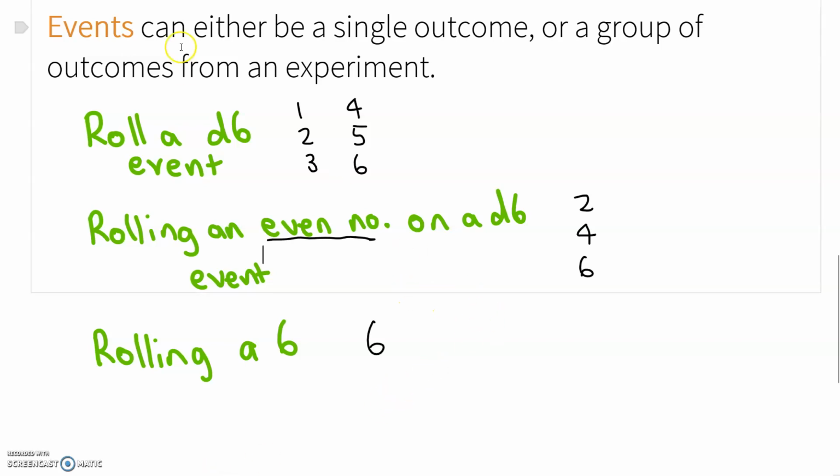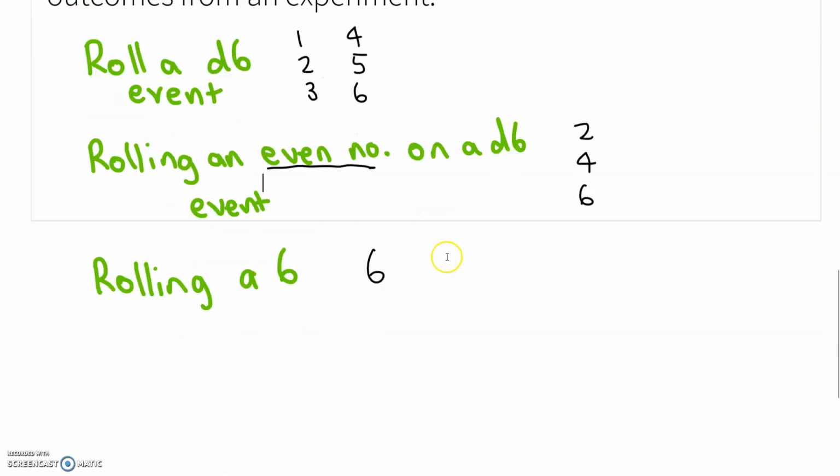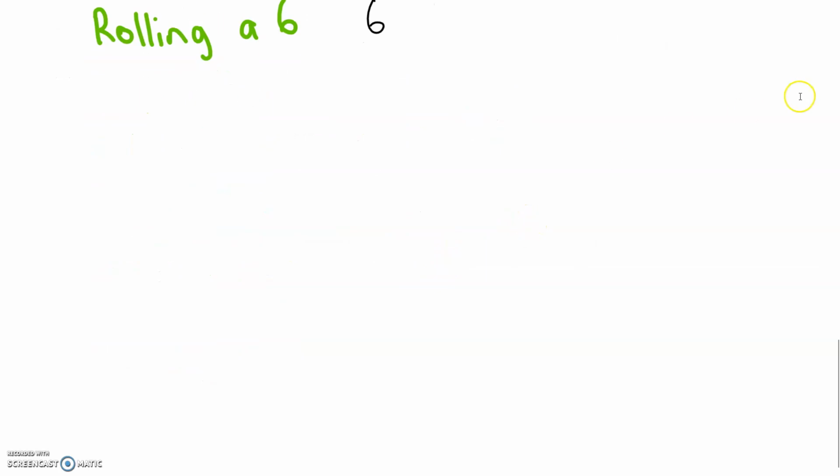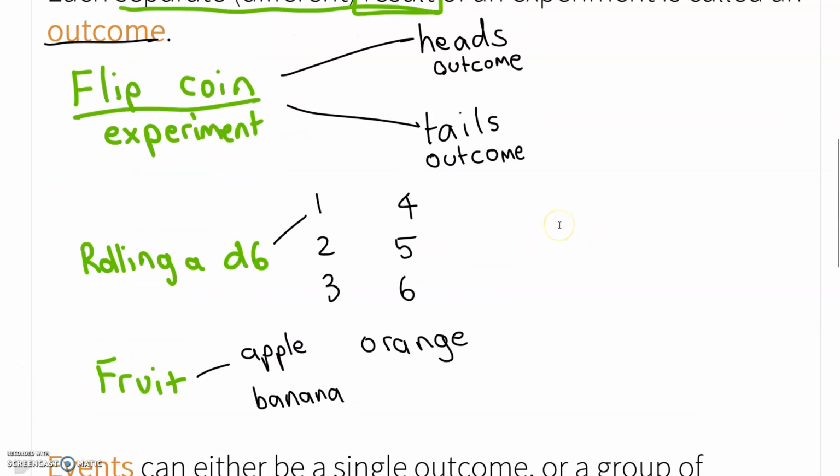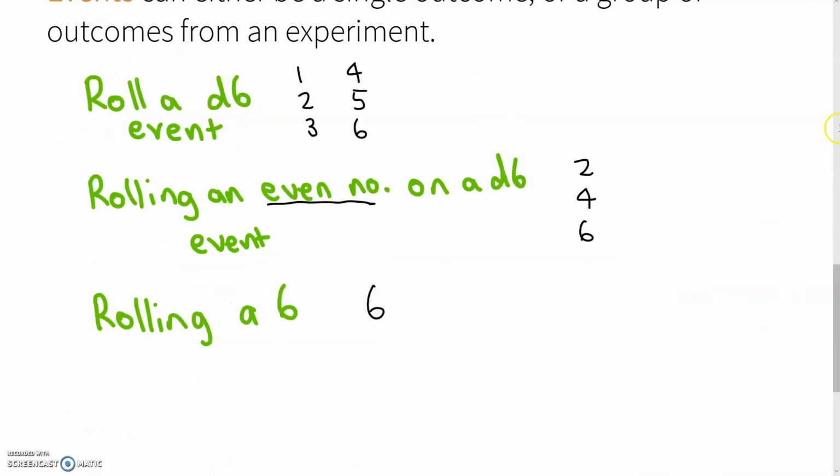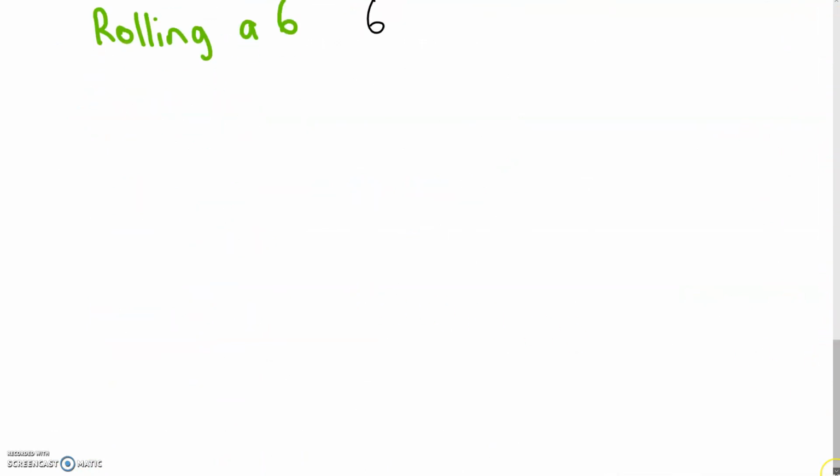Let's actually go to writing some outcomes now. So we've already done a few examples up here. When we're asked to list outcomes, we're just writing the different possible things that could happen. So if we go through some of the examples from the gather section, the first one is rolling an 8-sided die.